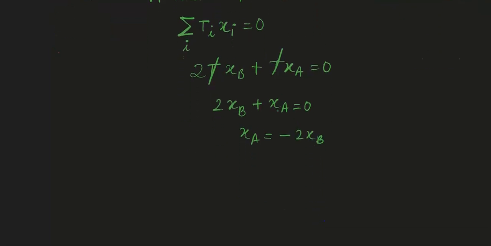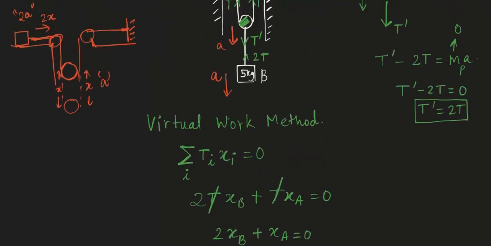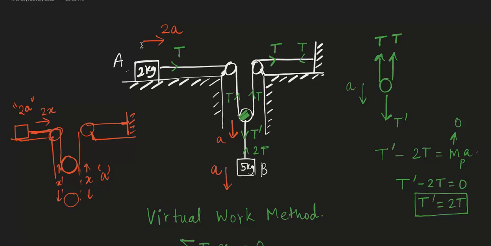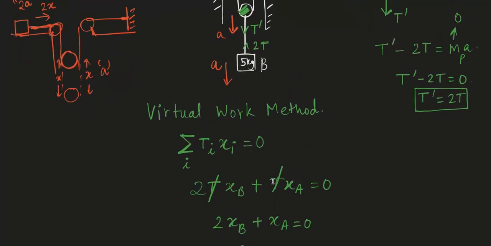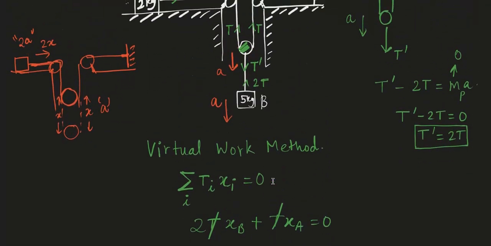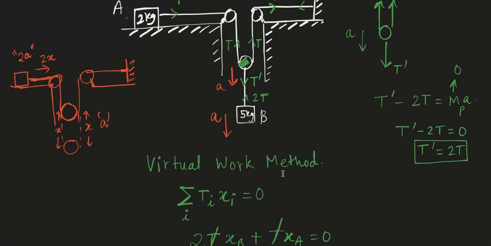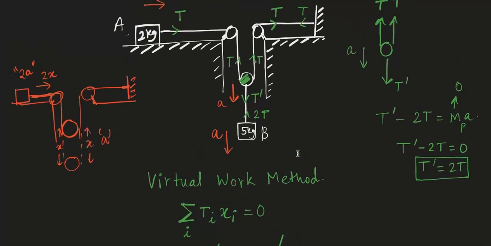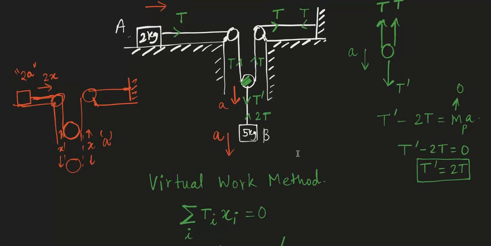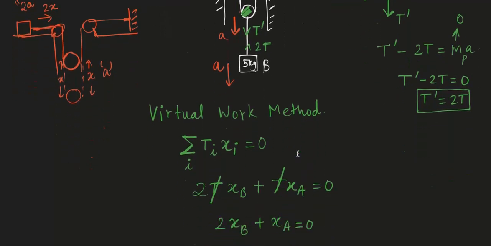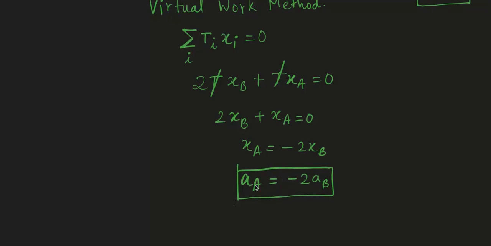If I differentiate both sides twice, I will get the acceleration of A to be minus 2 times the acceleration of B. So here you are getting the relationship between the acceleration of block A and block B. From here you can see the acceleration of block A is twice that of block B. Now, by the way, let's see why it is negative here. Why is aA negative of 2aB?